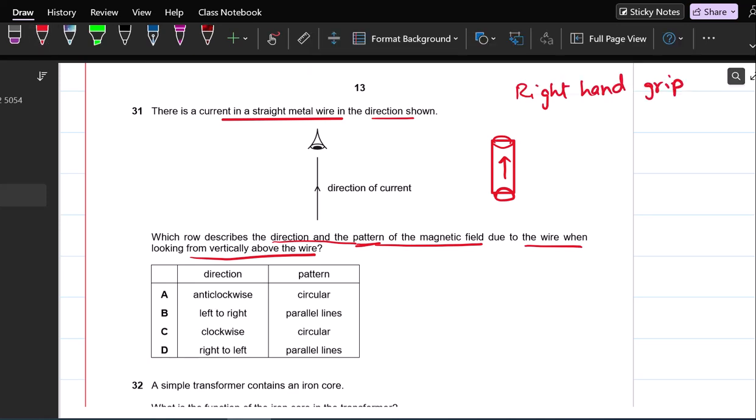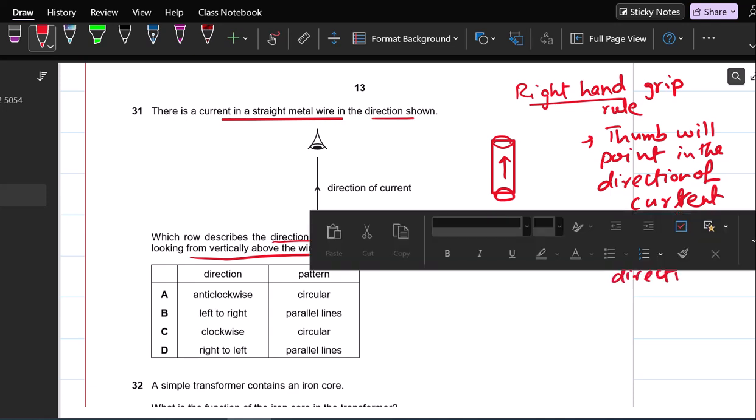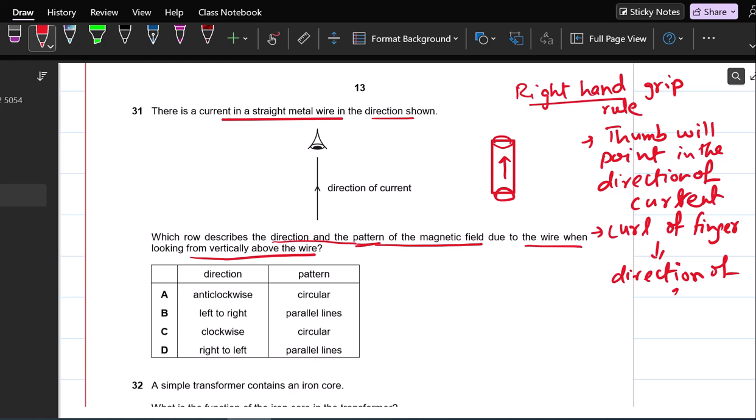Right hand grip rule: thumb will point in the direction of current, curl of fingers point in the direction of magnetic field.